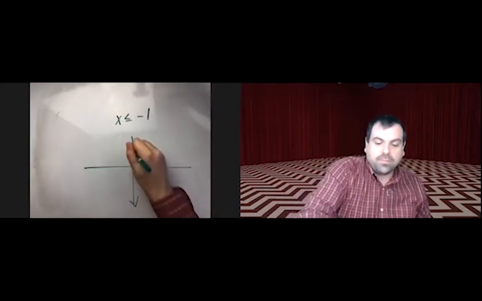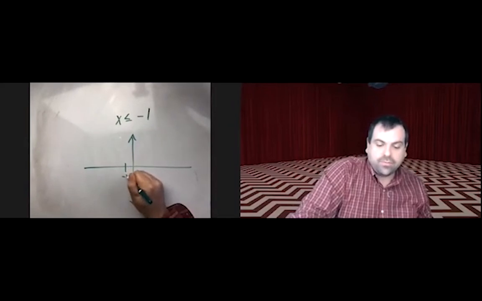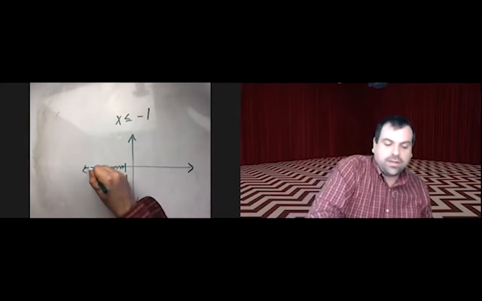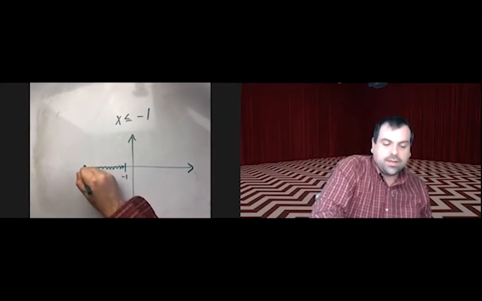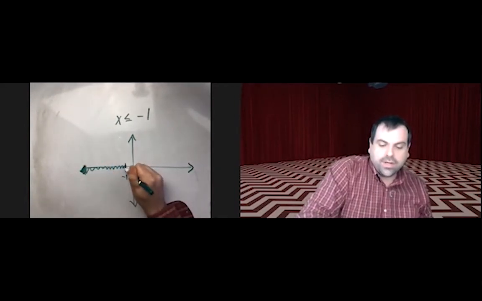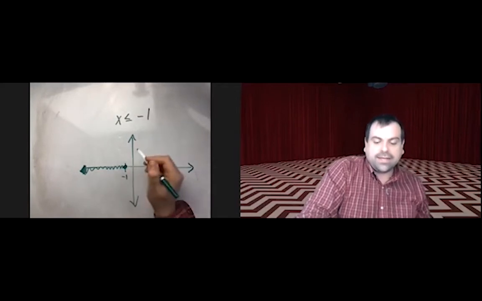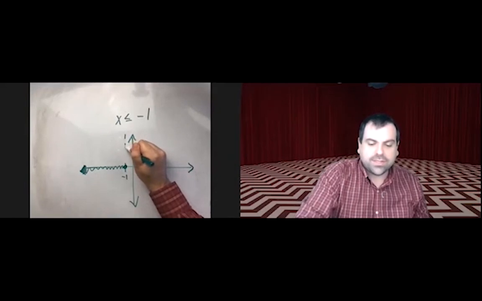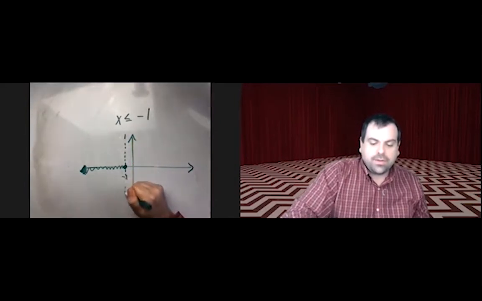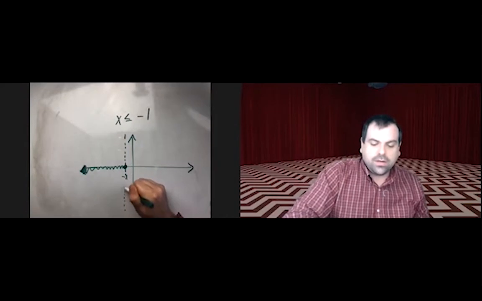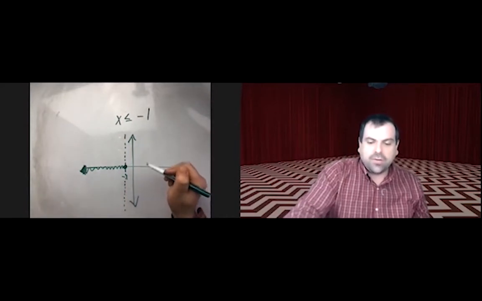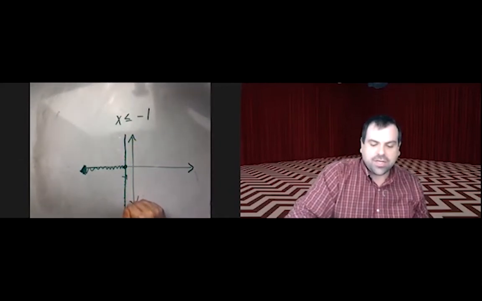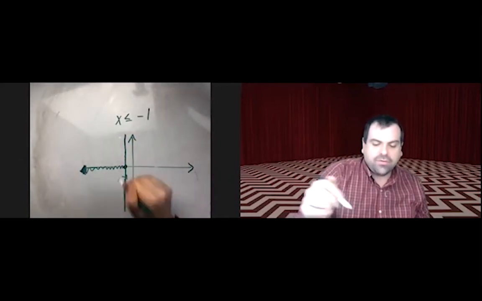Well, just like we would do on a number line, there's -1 on the X. But instead of just shading this and doing a solid circle or a square bracket to indicate that -1 exists or that -1 works, we put our dashed line, which since the or equal to is there is not dashed, it's actually a solid line matching up with what would have been a filled in circle.